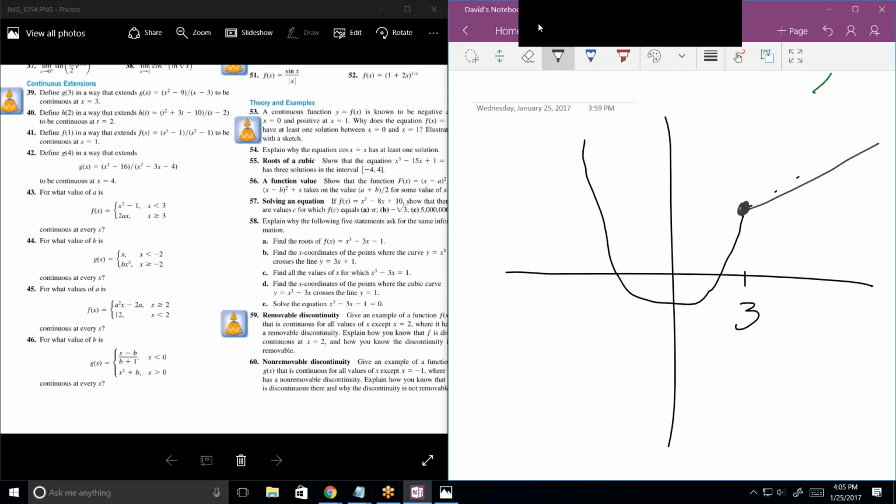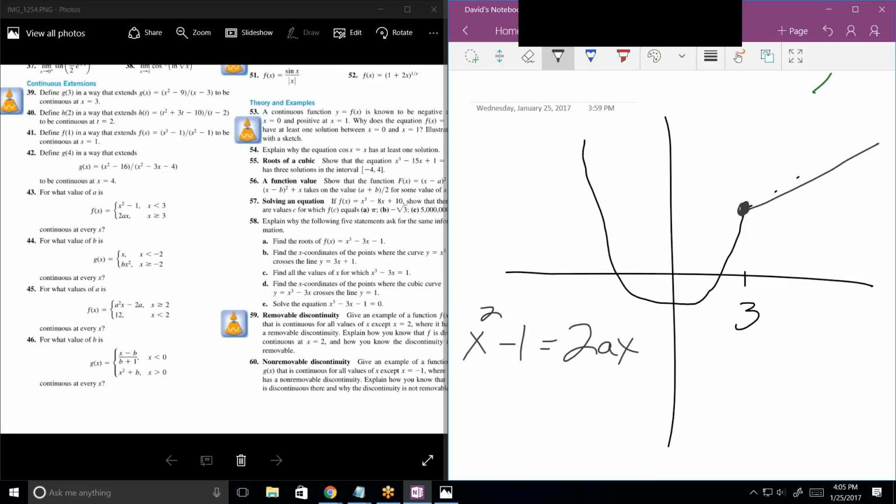Well, how do we figure that out? We let x squared minus 1, the function on the left, equal 2ax at x equal 3.